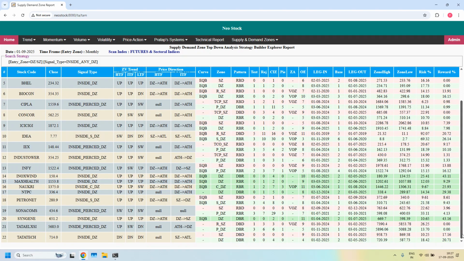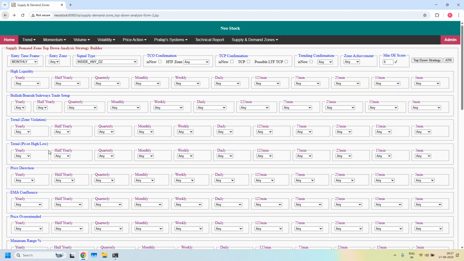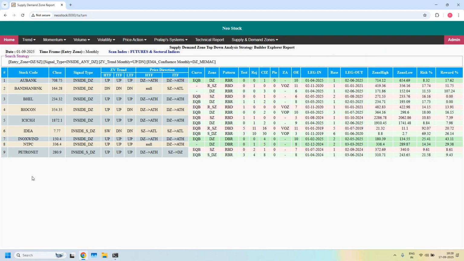Scrolling the list down, so total 22 stocks are filtered. We can further filter this list based on the monthly demand zone having monthly EMA confluence, and also the trend on the monthly should not be sideways. We got 9 stocks.